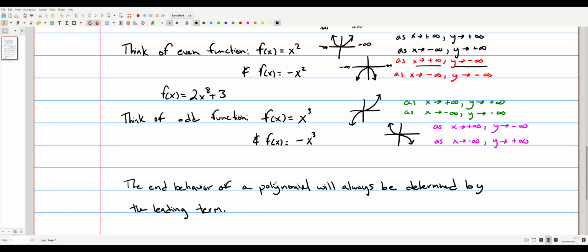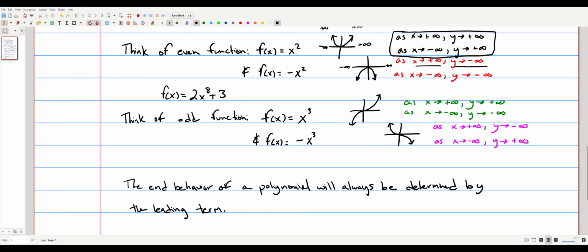If this is my polynomial, 2x^8 + 3, because 8 is an even number, the end behavior of this polynomial is going to match the end behavior of x squared. Okay?